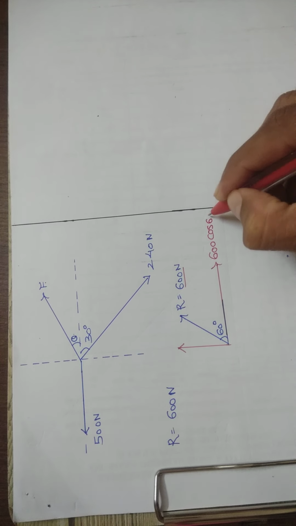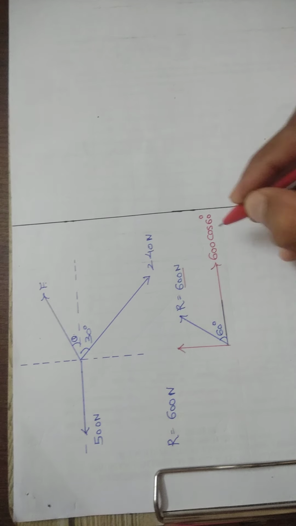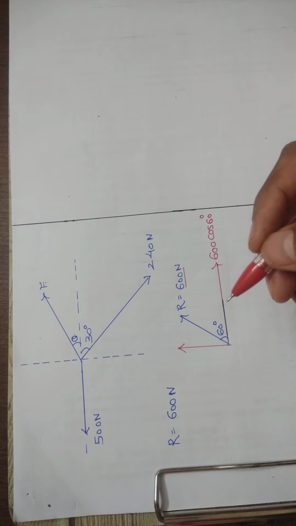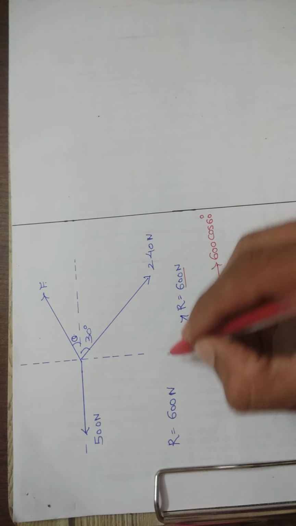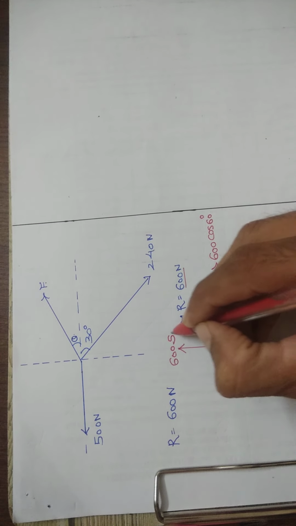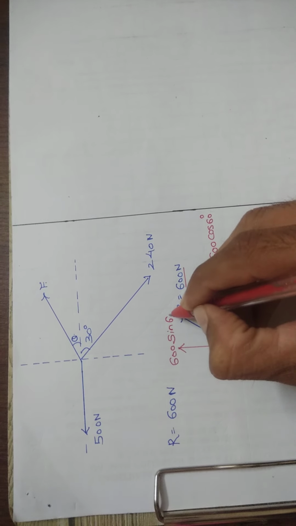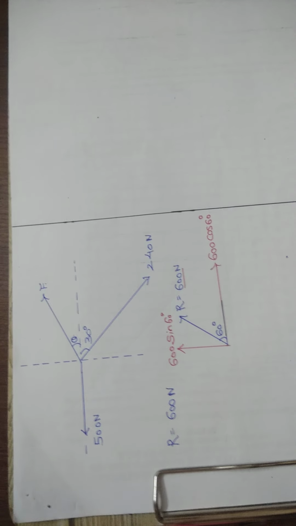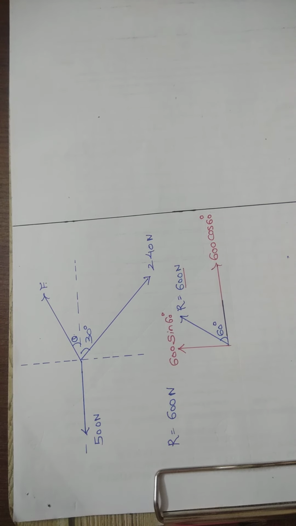Why cos? Because it is making an angle with the horizontal, the horizontal component will be cos theta. And the Y component will be 600 sin 60 degrees. In this way we have taken the values.